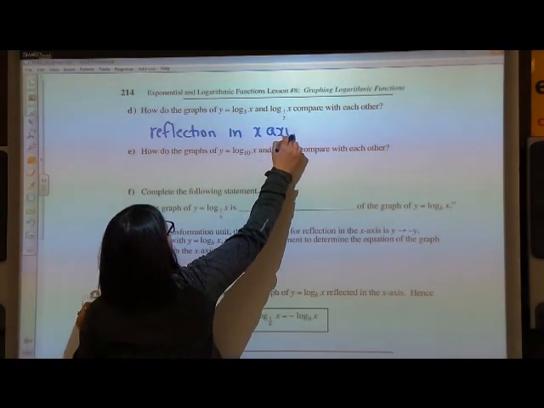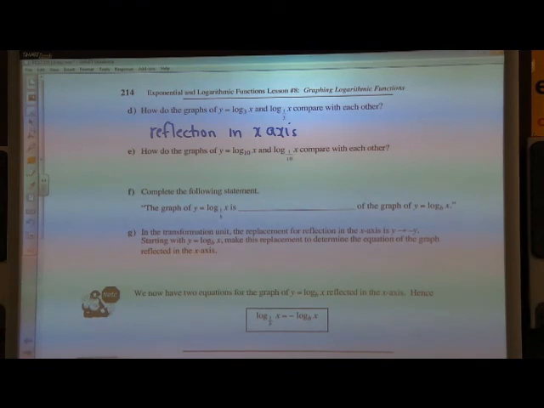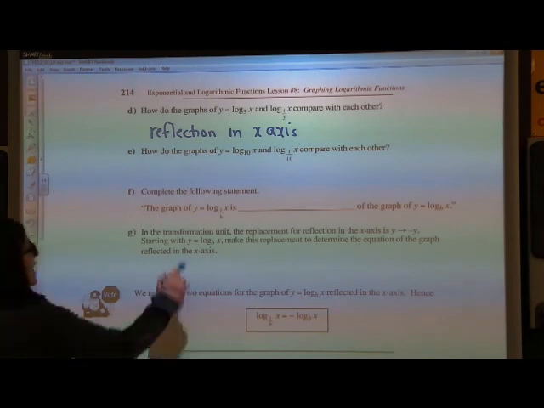In the x-axis. What about the graphs log base 10 of x and log base 1/10 of x? Same thing, a reflection in the x-axis.